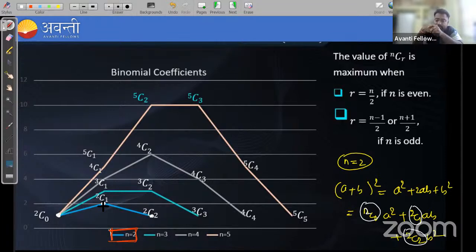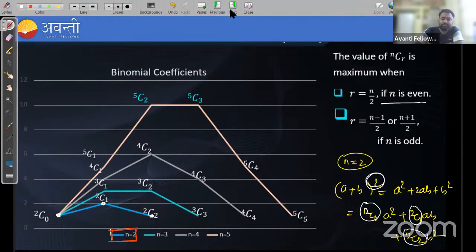If n is even, then r is equal to n by 2, that is 2 by 2. See here, 2C1 is the maximum. The n value will be fixed; it is given.